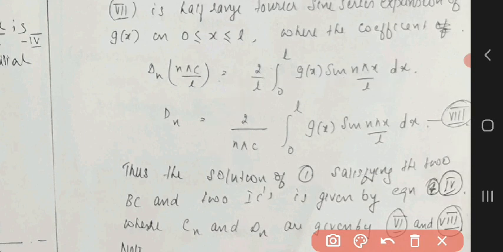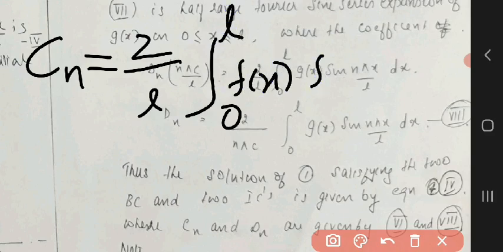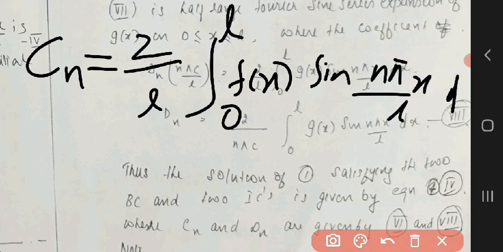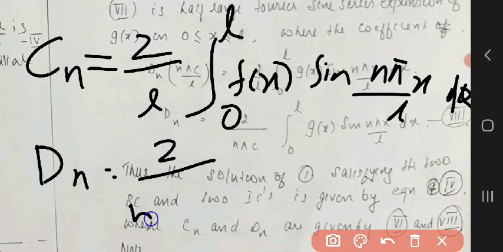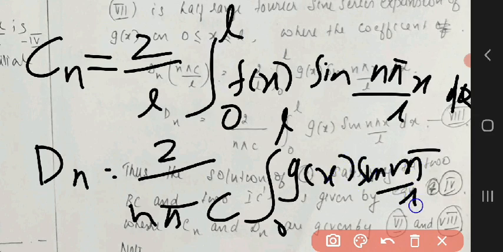So that is the solution, and cn and dn are the constants. These two equations you should note.